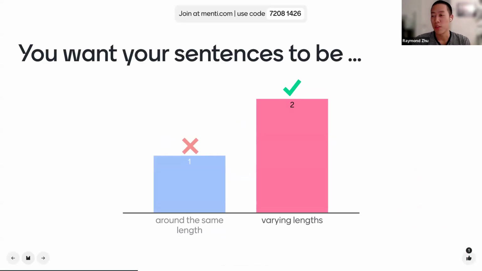Some of you have made comments on your homework about pacing or the flow of your sentences. The short sentences make you stop all the time, so they slow down the pace. If you have too many, it feels choppy. Long sentences flow, but it's easy to get lost in them. And so your goal is to have a mix, right?